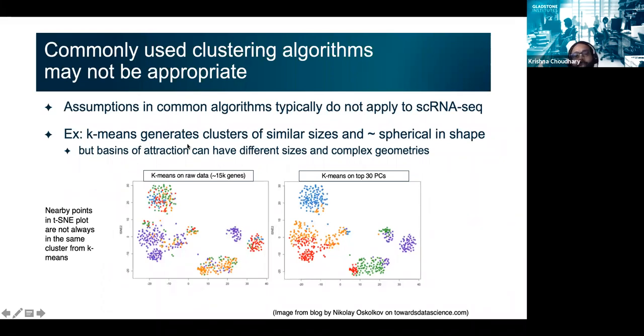And one common algorithm, which many of you may be familiar with, is k-means clustering. That is not the preferred approach for clustering in single cell data, because the structure of the data, as we discussed, can be complex. In general, classical k-means assumes that the clusters have a spherical or ellipsoidal kind of shape. So if the data were actually in balls, then it would be able to identify them.